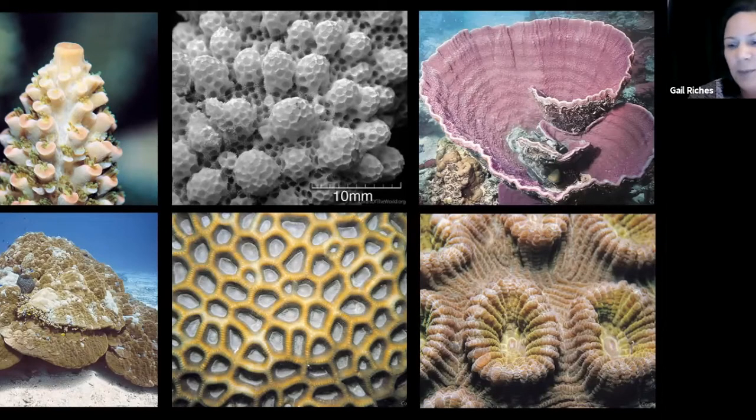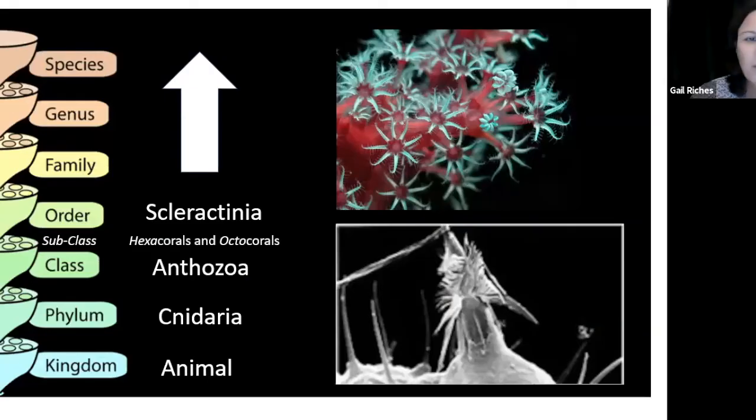And if you remember the name of the genus, that's even better. Okay, so all of those are hard corals. So we're just focusing on hard corals tonight. It is just an introduction. There are lots and lots of hard corals. So we're just going to really focus on the ones that you see quite often on the reef and are easy to identify.